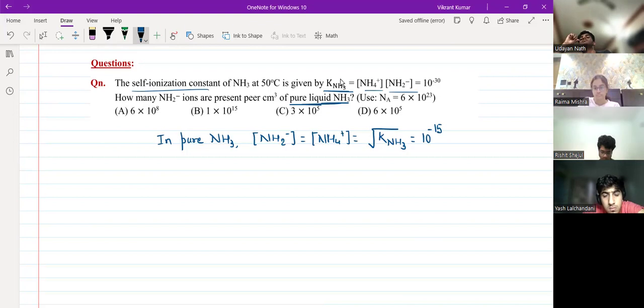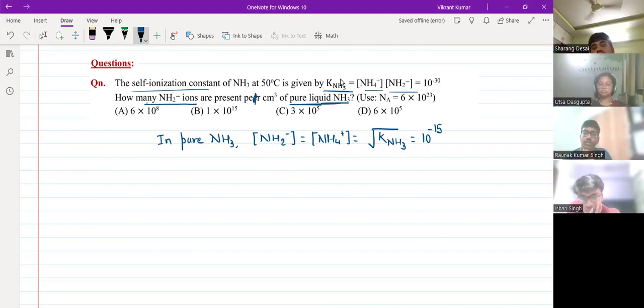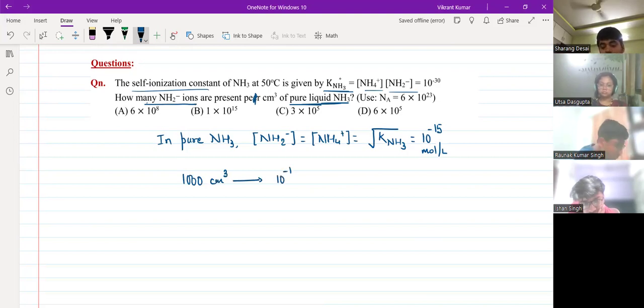It is asking you number of ions. First thing, it is not moles of ions, and that too, this is per centimeter cube. So now this is actually mole per liter, है ना? But it is asking you per centimeter cube. So we are saying per liter का मतलब है 1000 centimeter cube, है ना? This is having 10 raised to minus 15 moles NH2 minus ion.